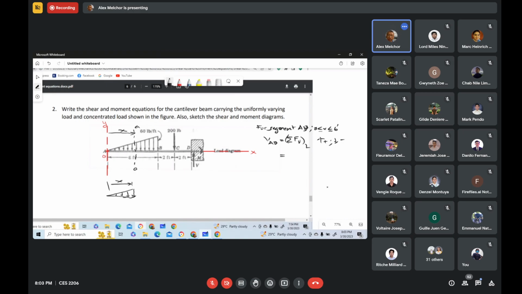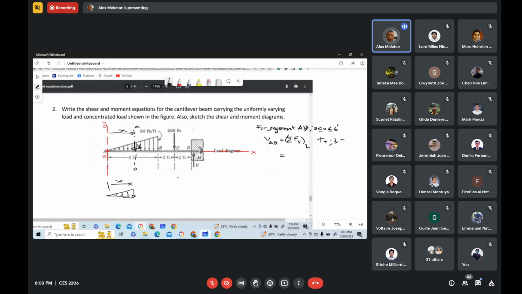Now this part here, we do not know the intensity of the load right at that location, so we denote it by y.